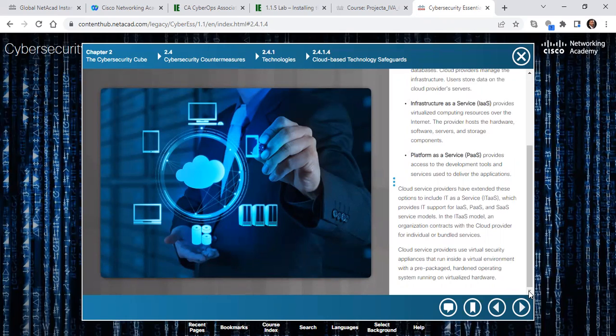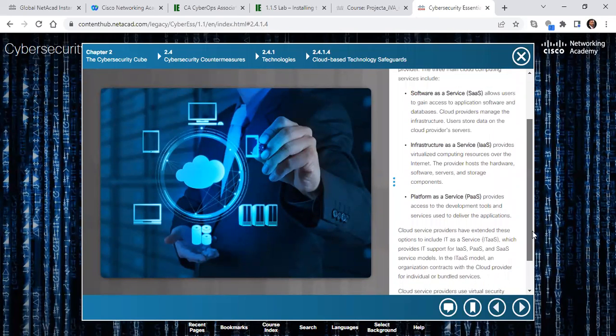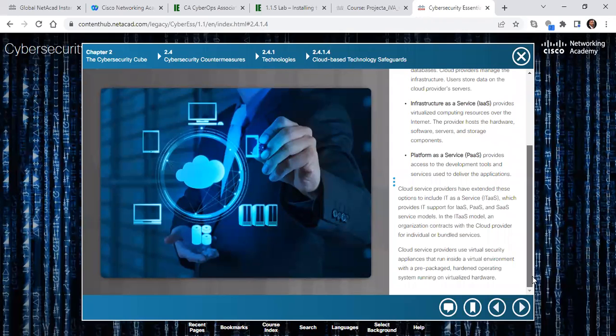IT as a service is another service provided by anybody that has a cloud-based technology. So this provides IT support for platform as a service, IT support for infrastructure as a service, and IT support for software as a service, okay? So an organization contracts with the cloud provider for individual or bundled services, all right? So that is cloud-based technology.